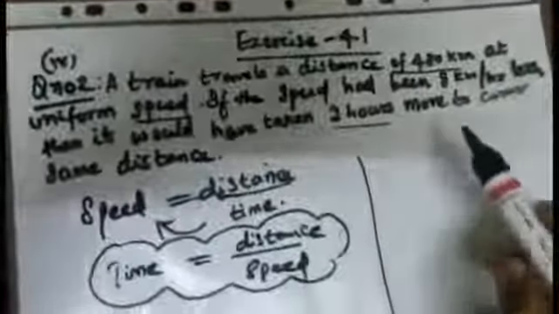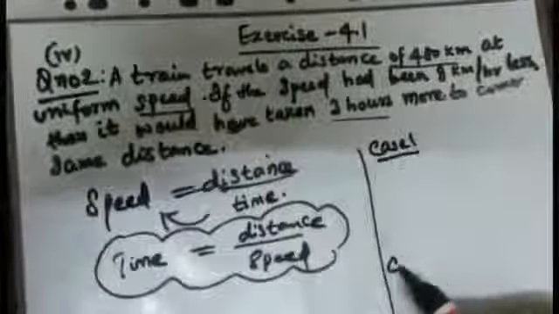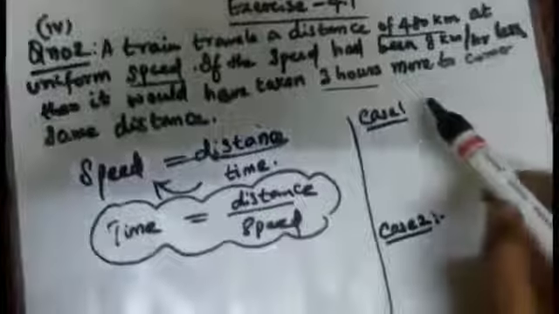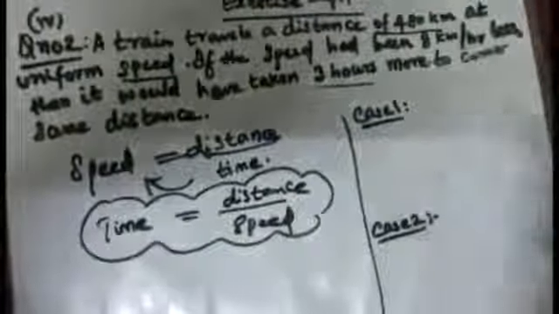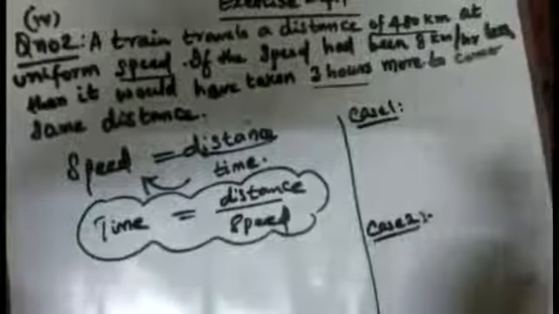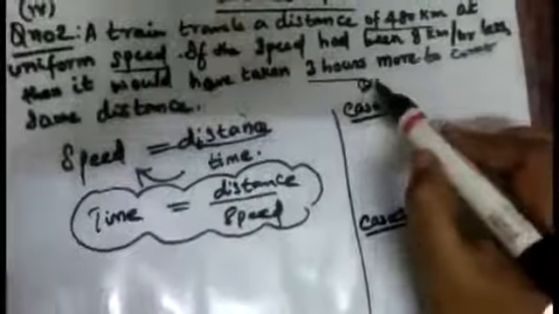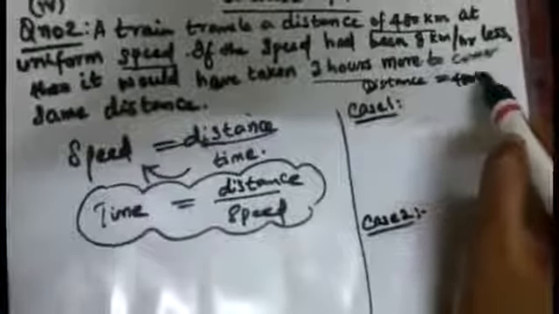Now I will write case 1 and here case 2. In both the cases we don't know the speed of the train, right? So first we will assume, and the distance is the same. The train is covering 480 km in both the cases. So first we write the common thing: distance is equal to 480 km.